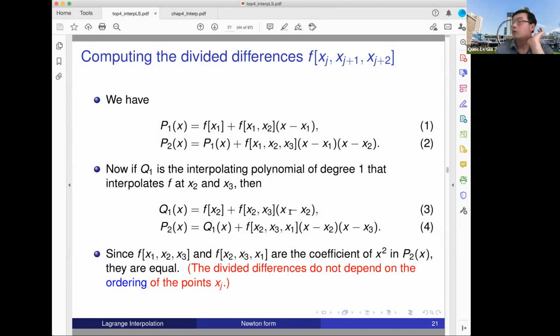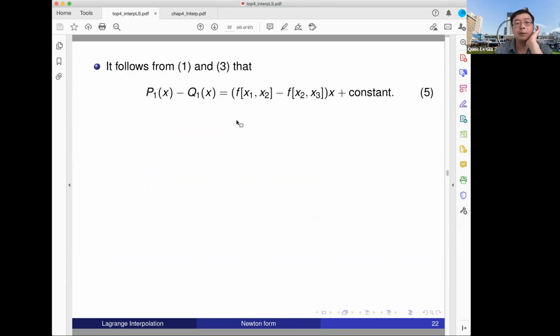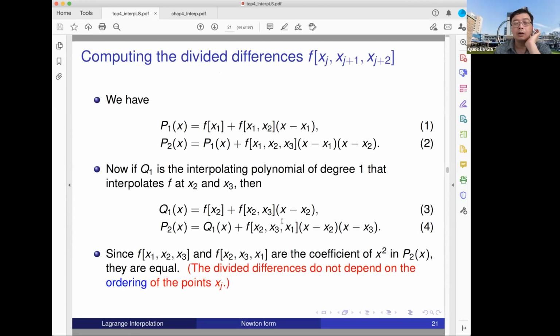So now if you take 1 and 3 and take the difference, then it's just the form f[x1, x2] minus f[x2, x3] times x plus some constant. Can you explain why the order is x2, x3? Well, my whole point is the order is not important.